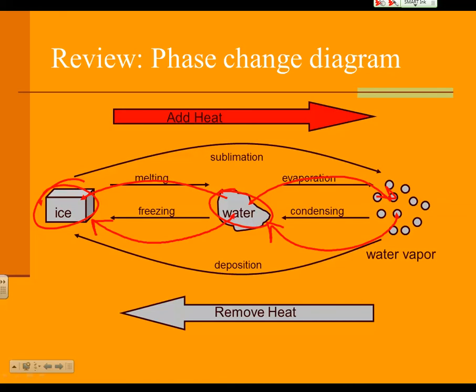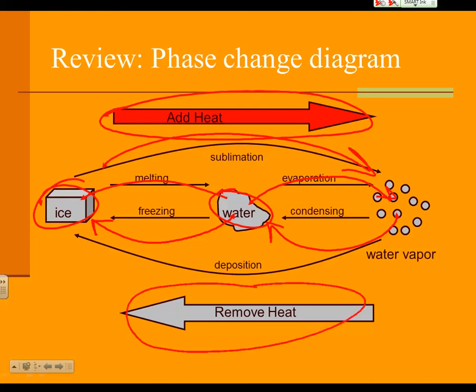Going from left to right, you're always adding heat, going across this way. And going from right to left, you're always removing heat, going this way. Now this was pretty much an 8th grade topic, but because you tend to forget this stuff, it's important to know for the last unit and for this unit.